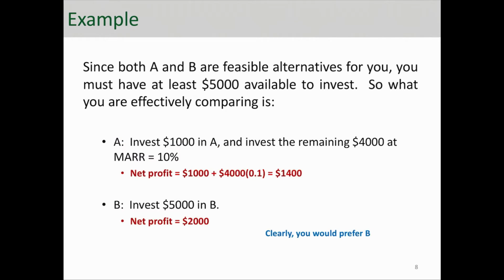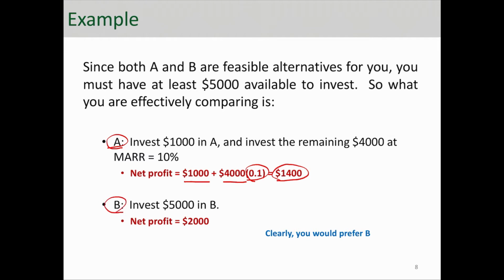If you calculate the net profit here, if you go with alternative A, you're going to earn $1,000 off of that alternative plus 10% from the $4,000 that you remained in your current investment. So at the end of the first year, you will be leaving with $1,400.